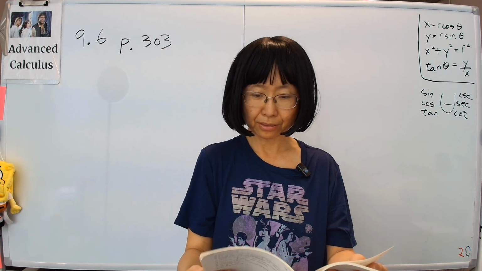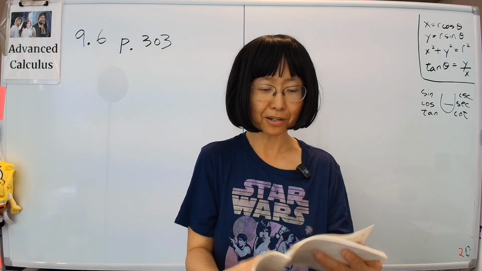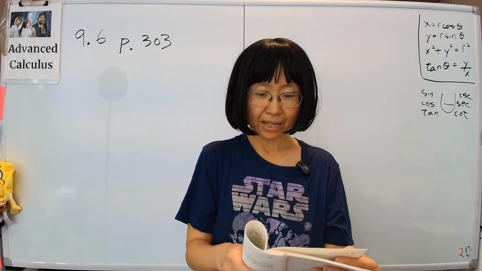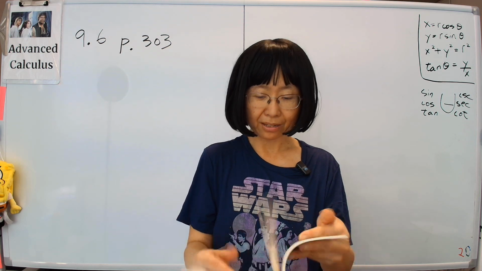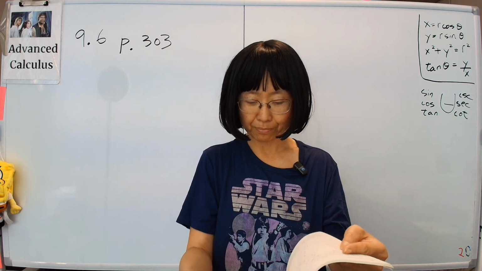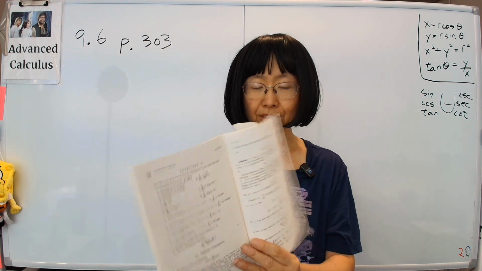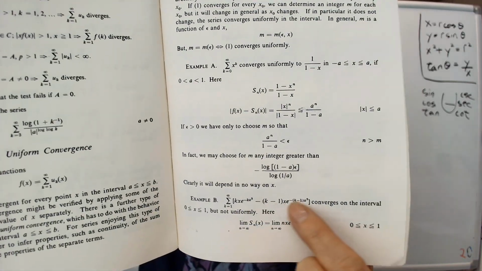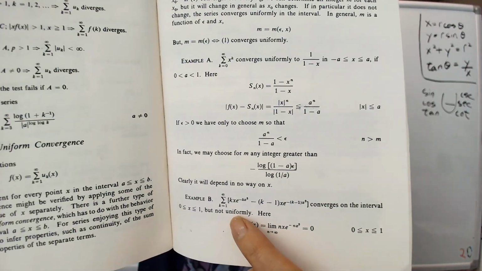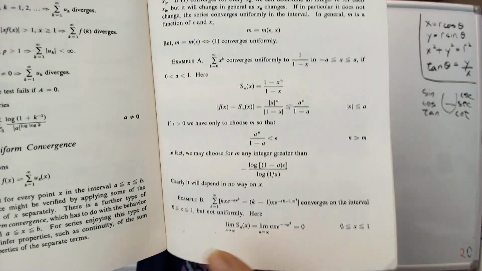Next, continuing on page 304, we'll also consider example B in the same section, on page 299. Example B is a counterexample where the series converges to a continuous function, but not uniformly.